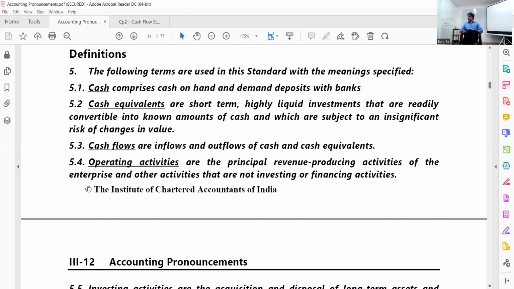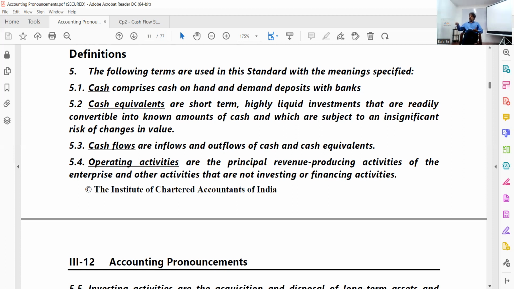Now you can sell these shares or debentures, a cash inflow: bank account debit, investment account credit. And then the last example, point E. What is that? Return on investment. Please write interest, dividends, rent received on investments.